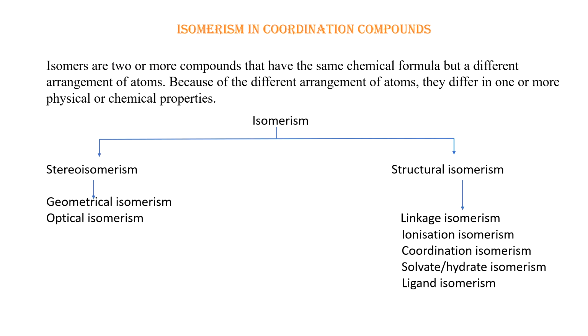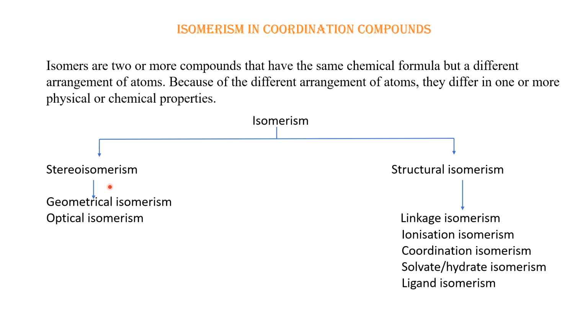Now let us move to isomerism in coordination compounds. Isomers are two or more compounds having the same chemical formula but a different arrangement of atoms. In coordination compounds, we divide isomerism into two types: stereoisomerism and structural isomerism.